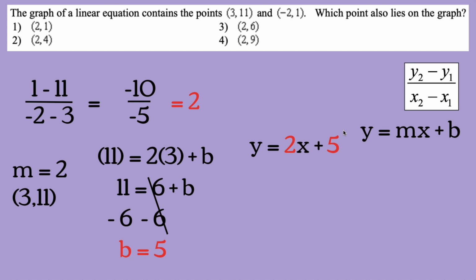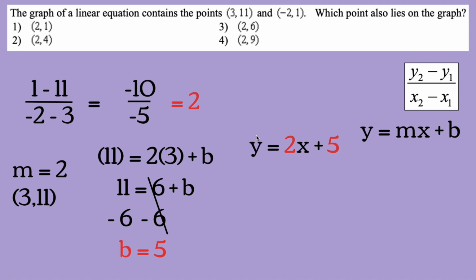Now they're asking us which point lies on this graph. This is an easier question to work with, because they gave us the same x value for each of the answer choices. So we know that we can just substitute 2 into our x value of this equation.